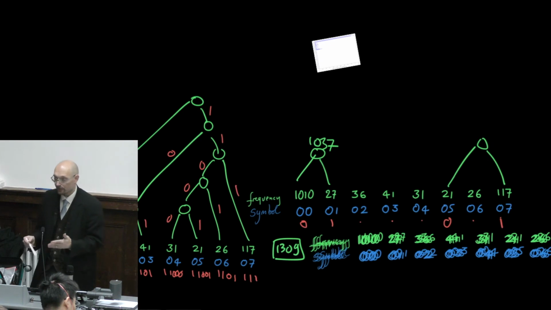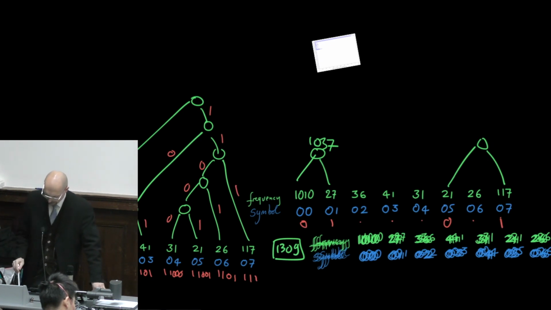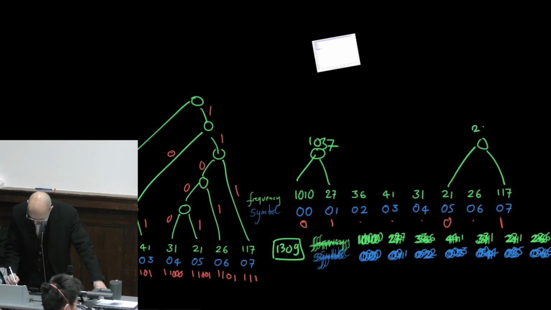So things are still incomplete. It's not properly a code. But on the way to making another code, I have made another word of length 1, which is going to be used 21 times. Another one of length 1 that's going to be used 117 times. So the cost contribution of this new decision I've taken is going to be 21 plus 117, which leads me to 139.